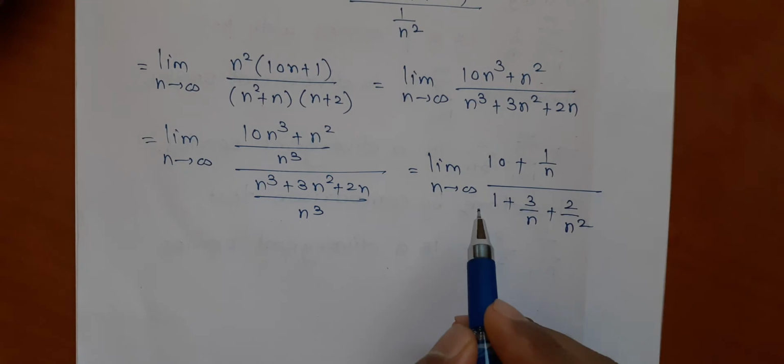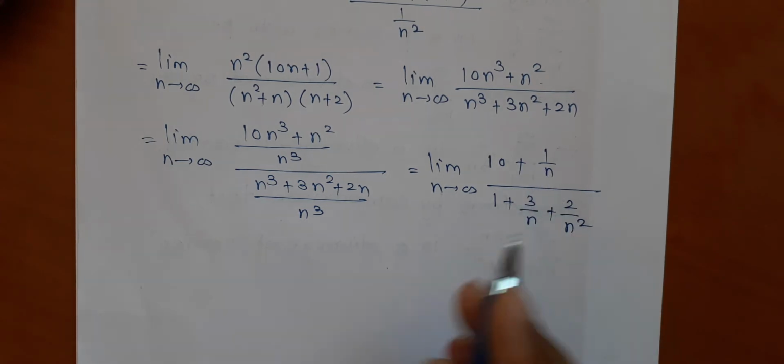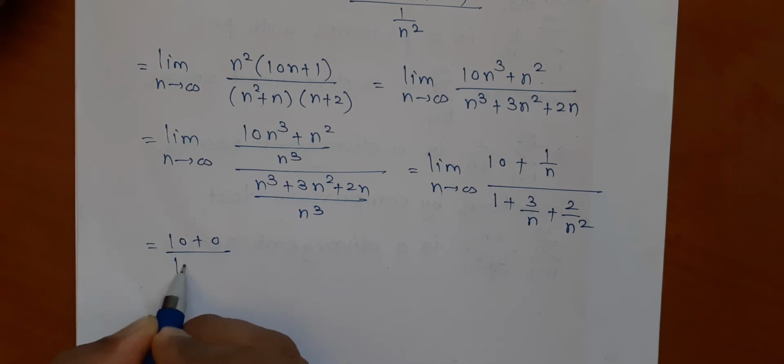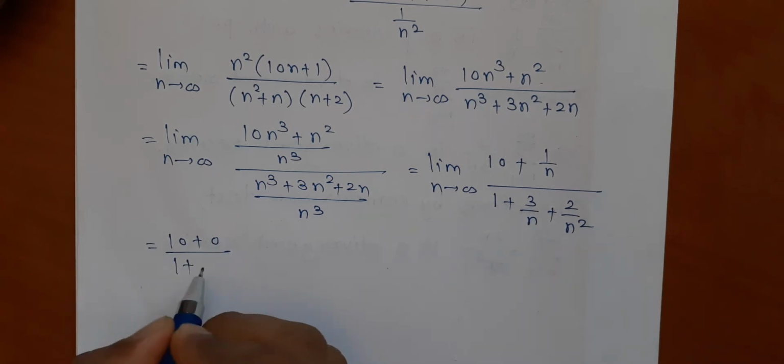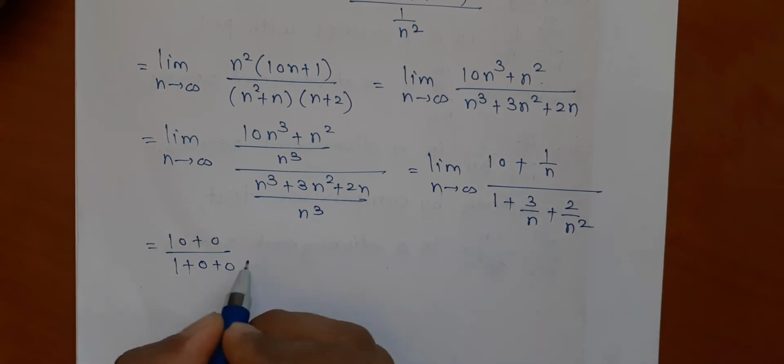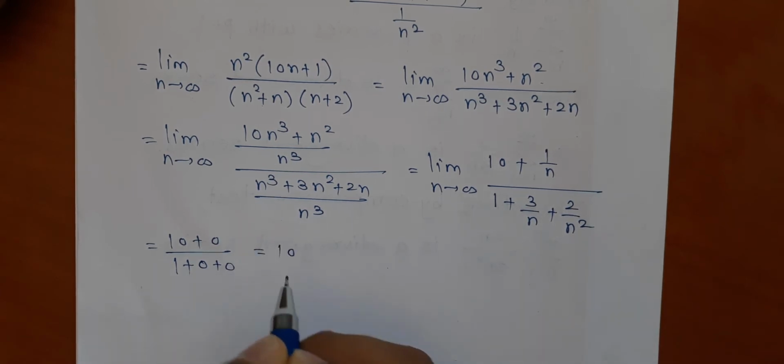If you apply the limit, 1 upon infinity is 0. So we will have 10 plus 0 over 1 plus 0 plus 0. When you have n or any term of n in the denominator, you will have 0. So the answer is 10.